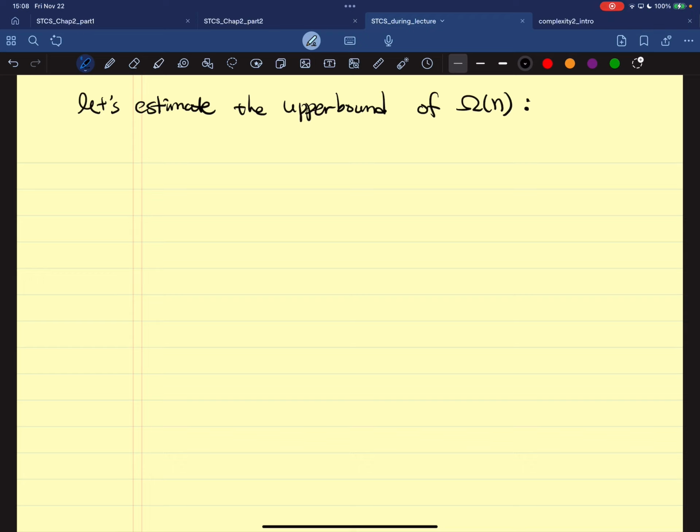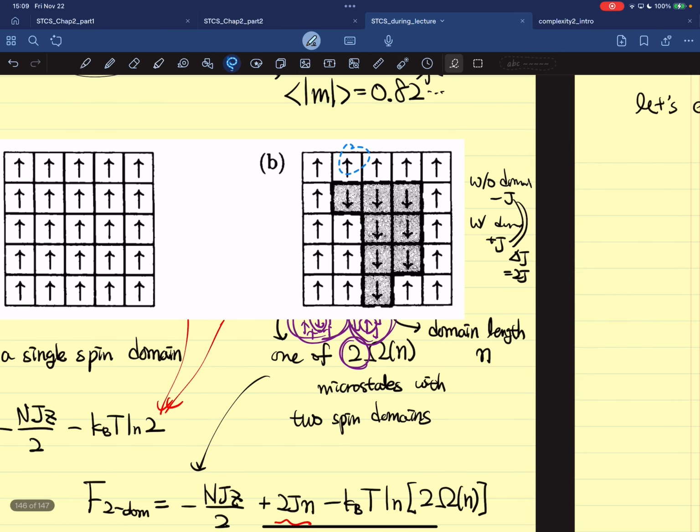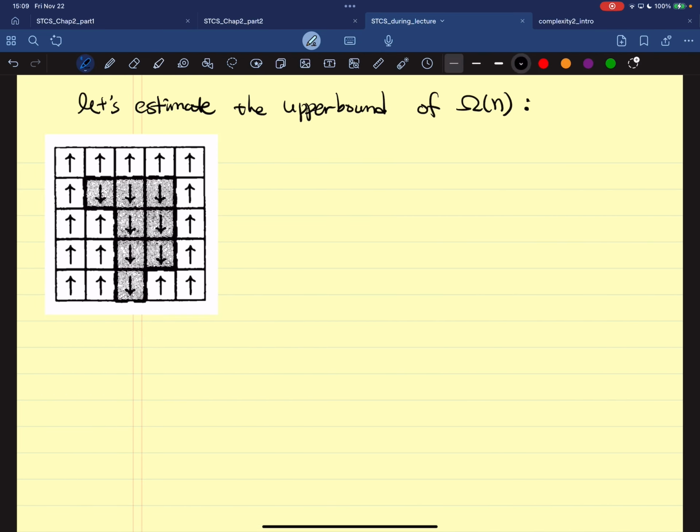Because we will estimate the number of such domains like this. So for example, let's just get this figure and draw the boundary of this.